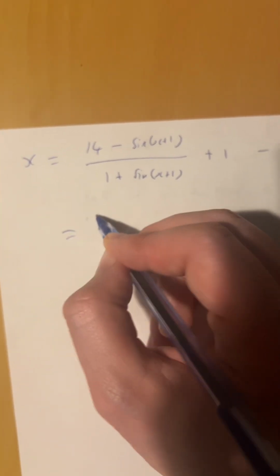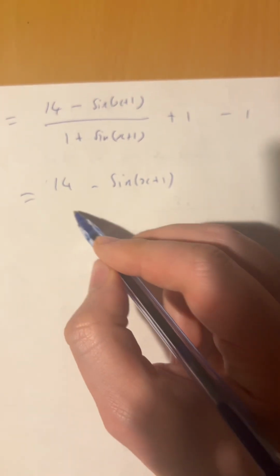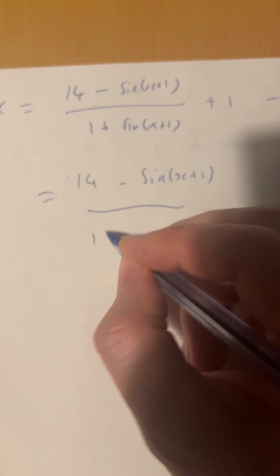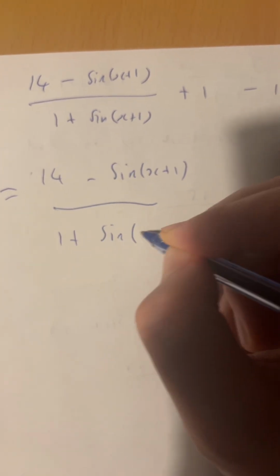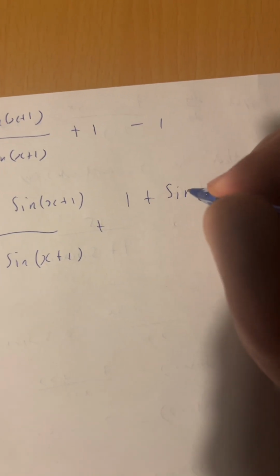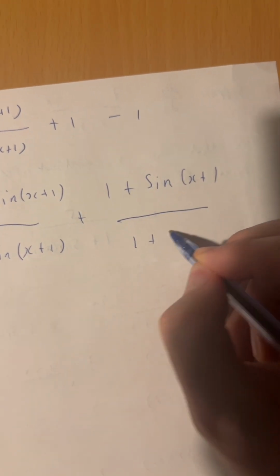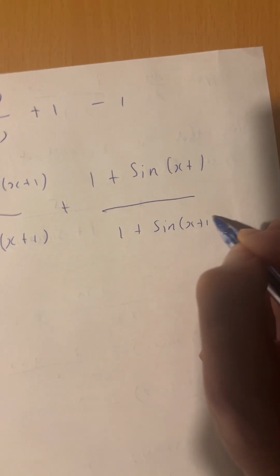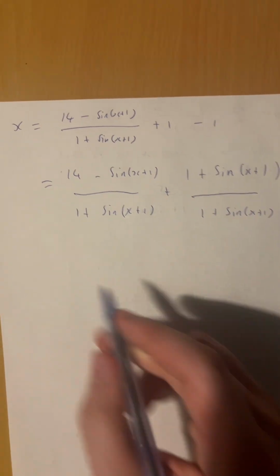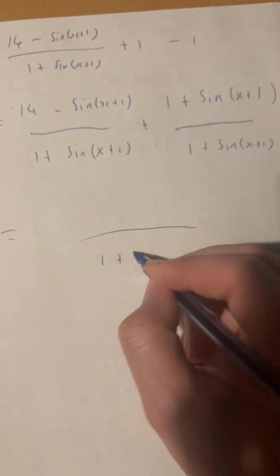As I said, the little trick that you can do with these questions, if you do need to get a minus 1 at the end, just do plus 1 minus 1. And then you write the plus 1 like this: 1 plus sine x plus 1 divided by 1 plus sine x plus 1, exactly the same as this denominator there, to have your common denominator.